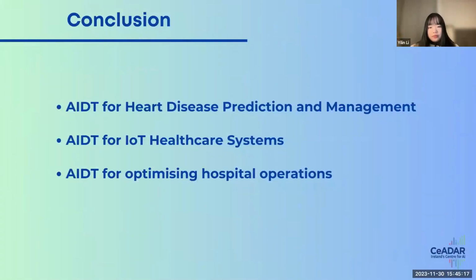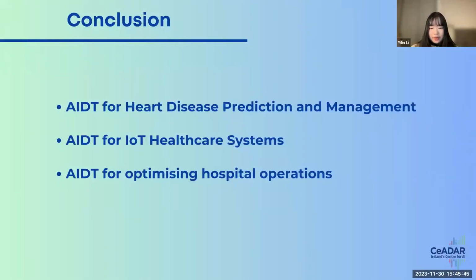Okay, so to conclude today's session, let's take a look back at the course we have taken in the field of AI digital twin healthcare. We have explored three groundbreaking use cases. Each demonstrates the transformative power of AIDT.